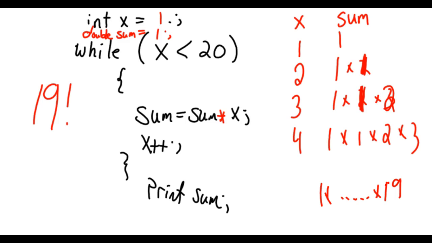The only glitch is 1 times 1, because technically that's not part of a factorial. But it doesn't really change the answer. It's mathematically equivalent to a factorial. That's what this is doing. It calculates the factorial for 19.